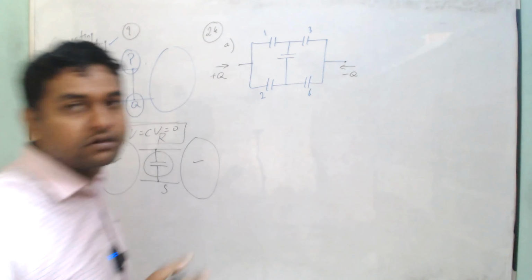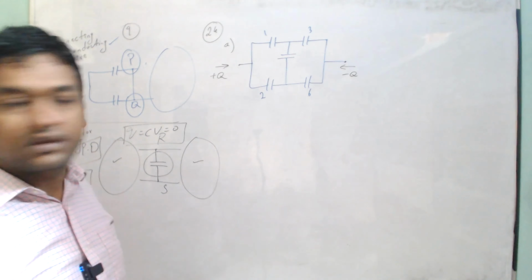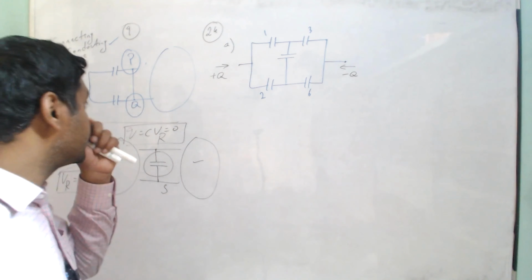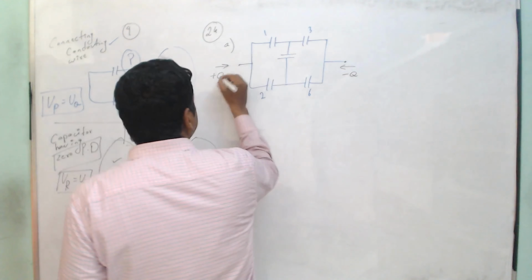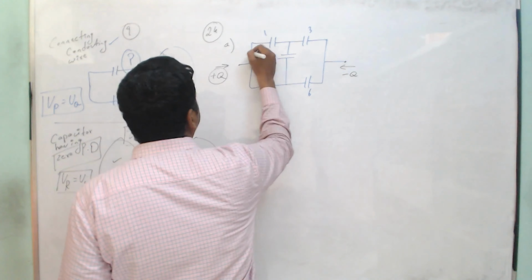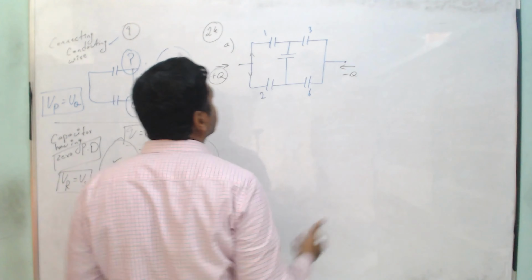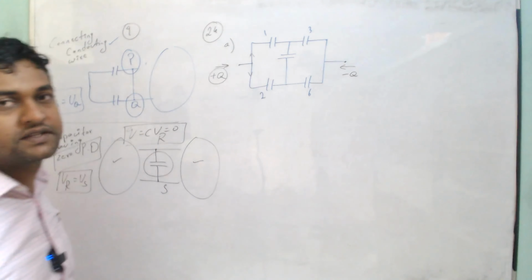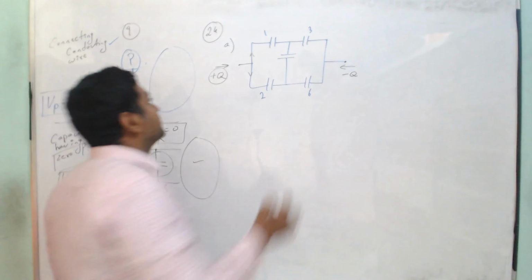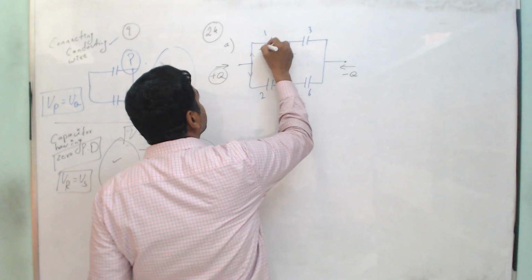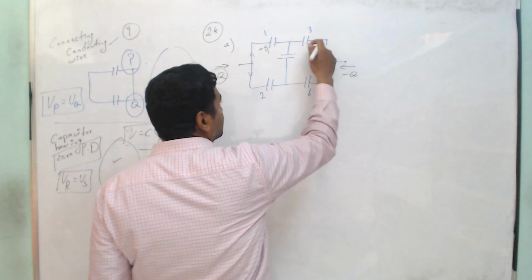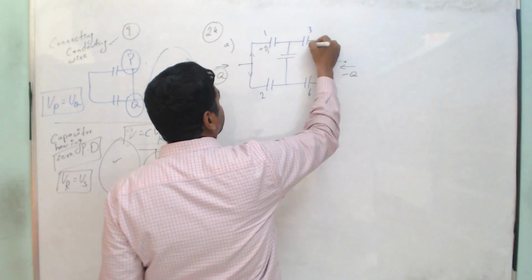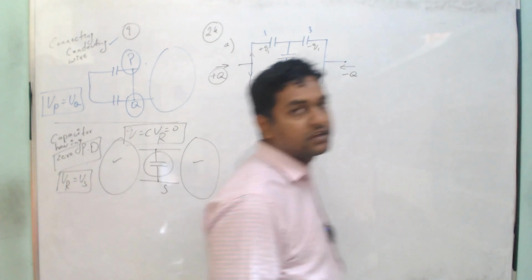Next point is the division: this plus Q will be divided into Q1 and Q2 on the basis of the ratio of the capacitances. So if I have plus Q1 going here, due to the same ratio over here, my minus Q1 should be going over here.